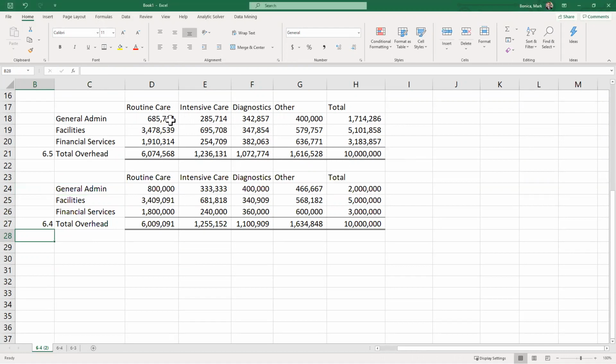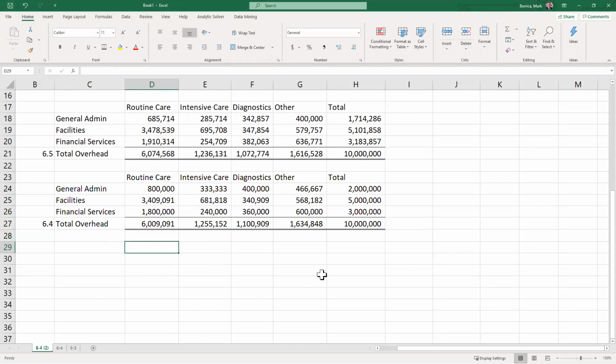So routine care, general administration, 685 under step down, 800 under direct, even using the same drivers. So there are some fairly significant differences across the board. Looking for big changes, I'm not seeing anything really dramatic.